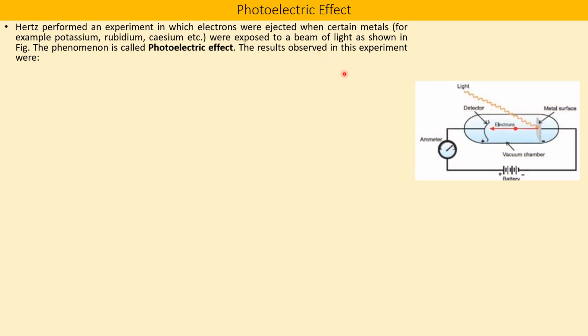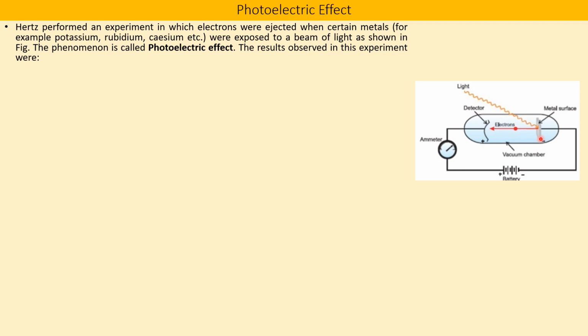This figure shows equipment for studying the photoelectric effect. Light of a particular frequency strikes a clean metal surface inside a vacuum chamber. This light strikes a metal surface made up of either potassium, rubidium, or cesium.